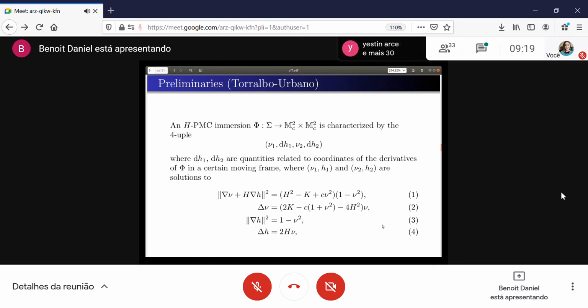There is a converse in the paper of Torralbo and Urbano: if I have a metric ds² and solutions ν₁, dH₁, ν₂, dH₂ of this system, then it gives me an H-PMC immersion. So there is a correspondence between H-PMC isometric immersions and four-tuples (ν₁, dH₁, ν₂, dH₂) that are solutions to this system.